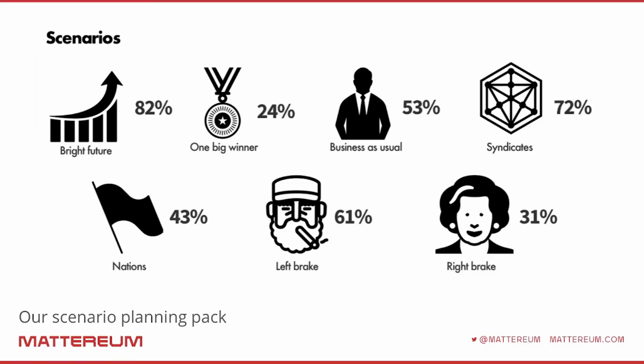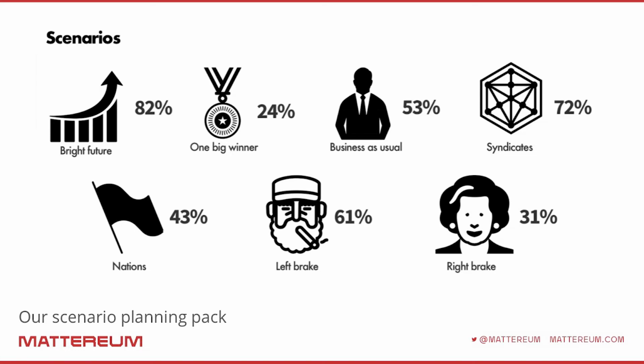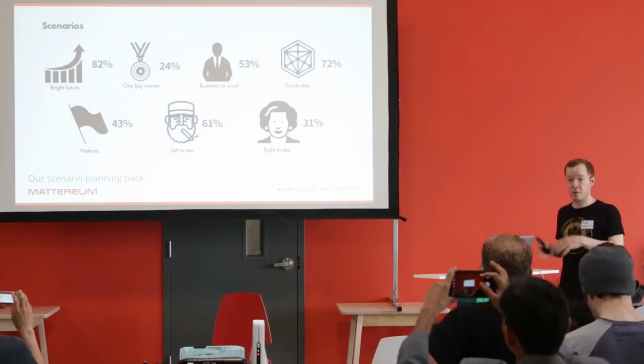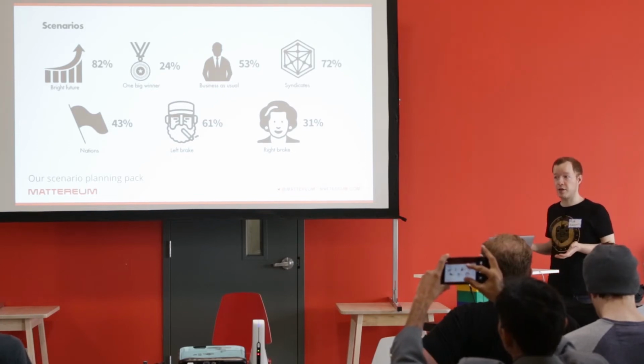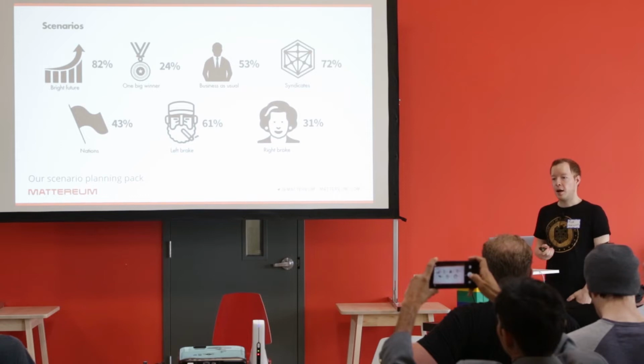You have these different groups that break up and make their own rules and do their own thing internally, but they're still capable of trading with each other. The numbers on each of those other scenarios are in relation to a specific project, not in relation to how likely we think those things are actually going to be. And we've used these scenarios to evaluate a bunch of different blockchain projects over time, and we continue to keep that up to date.